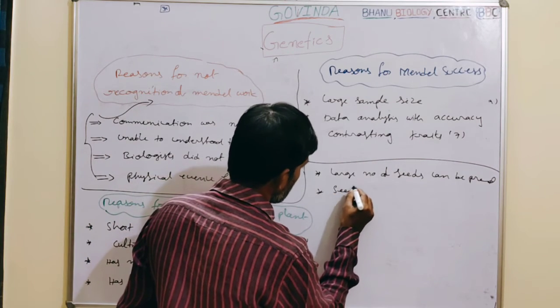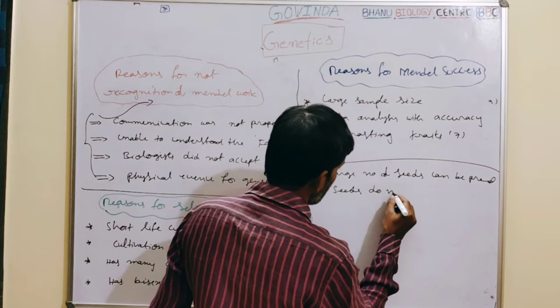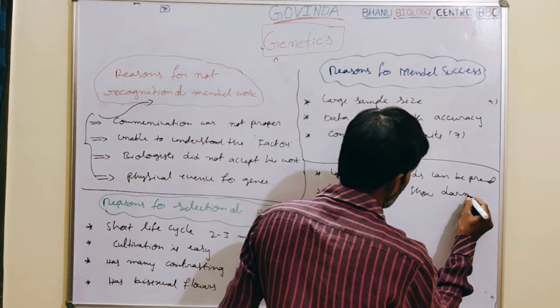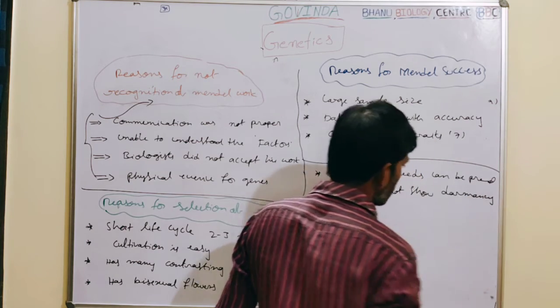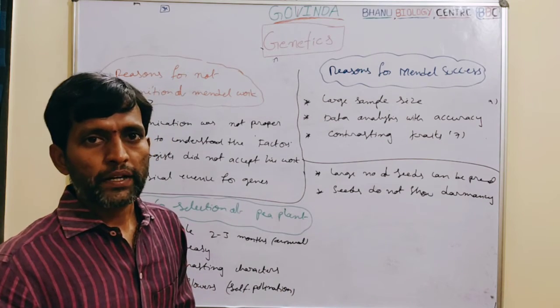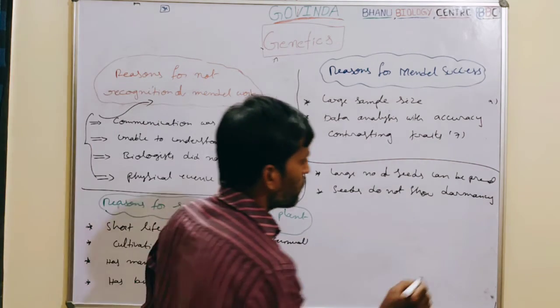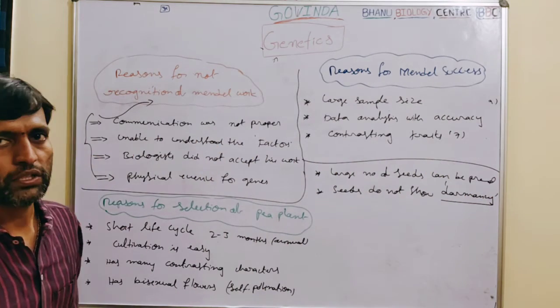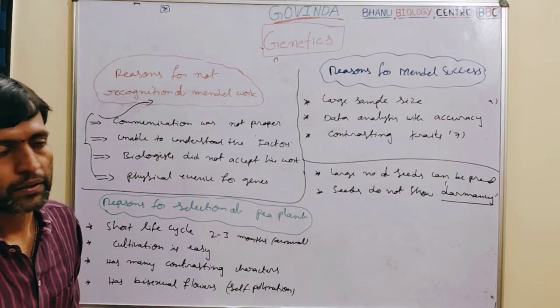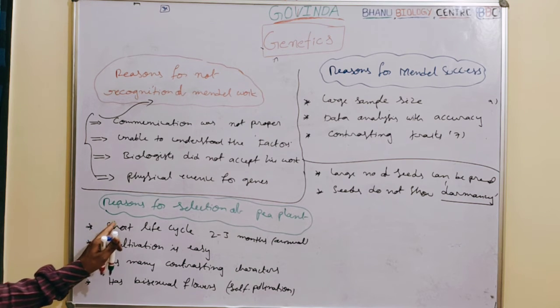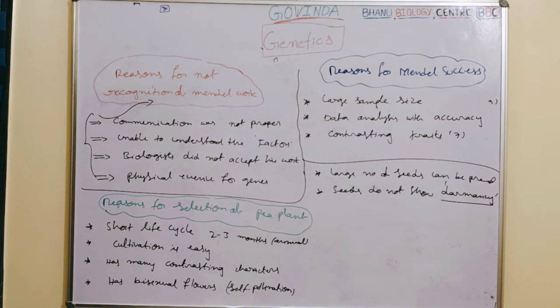Then seeds do not show dormancy, right? The period of time when physical functions are suspended is called dormancy. That dormancy is absent in the seeds of a pea plant. So these are a few reasons behind the selection of the pea plant.